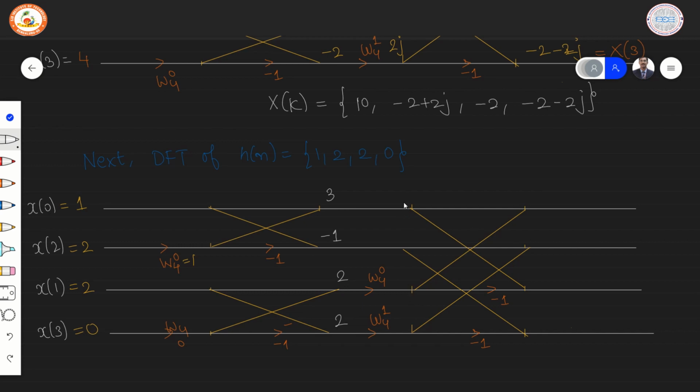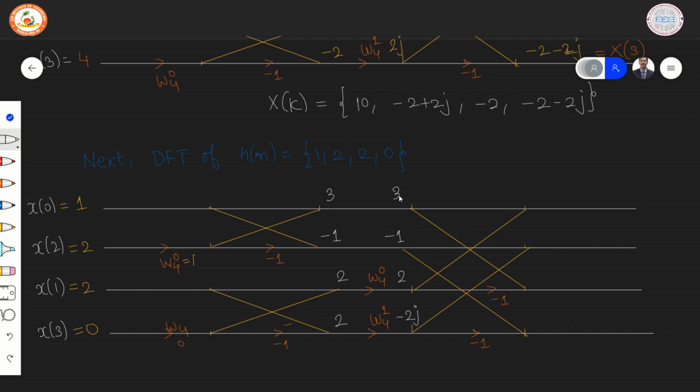To proceed to the second stage, we have to scale the inputs. So no scaling is performed here, but in the lower part we have to scale with W4 to the power of 0 and W4 to the power of 1. So 2 into 1 is 2 and 2 into minus j is minus 2j.